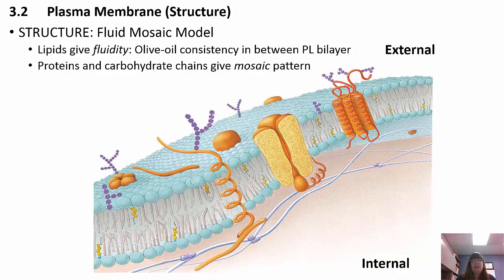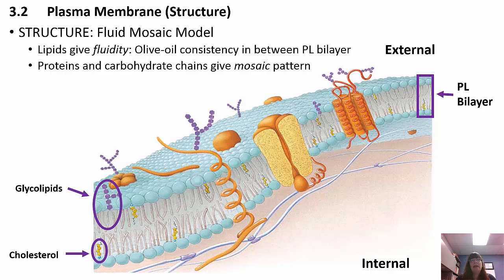So there's the external versus the internal. That is the specific phospholipid bilayer. Cholesterol, as I said, glycolipids, and carbohydrate chains. An integral protein, integral means that it goes all the way through the plasma membrane.